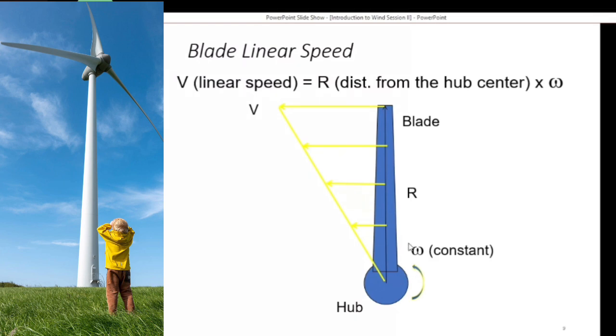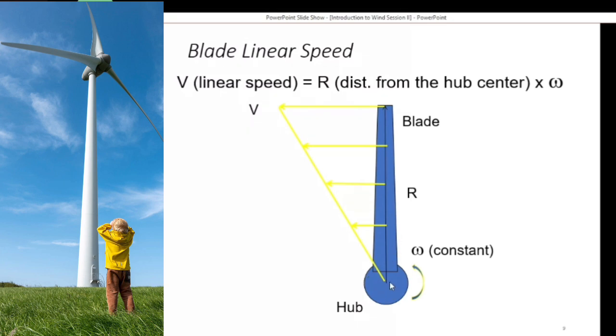And remember, of course, these blades will have angular speed. And we know the formula to link angular speed with linear speed. At the end side of the blade, we will have the linear speed, which means the whole blade will rotate with that linear speed.